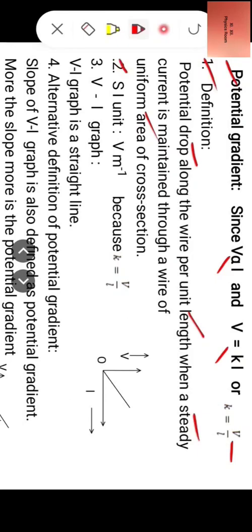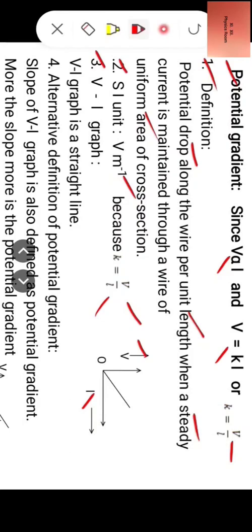Second, SI unit, volt per meter, because K is equal to V by L. So for V we have volt, for length we have meter. Therefore SI unit is volt per meter. Now 3, VL graph. If you draw VL graph, this is V, this is length L.